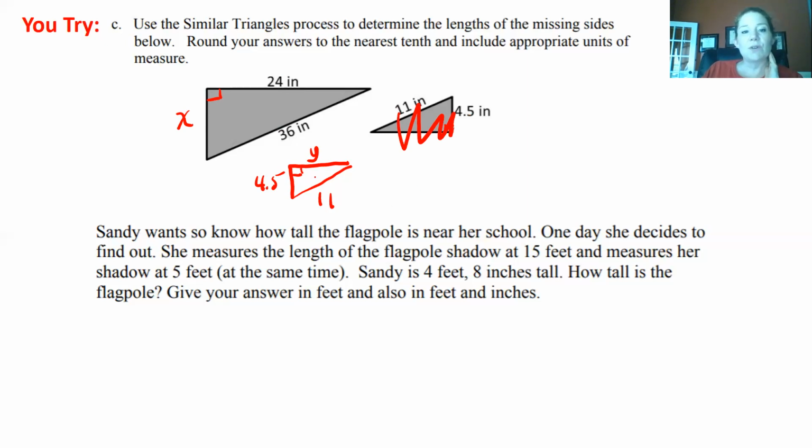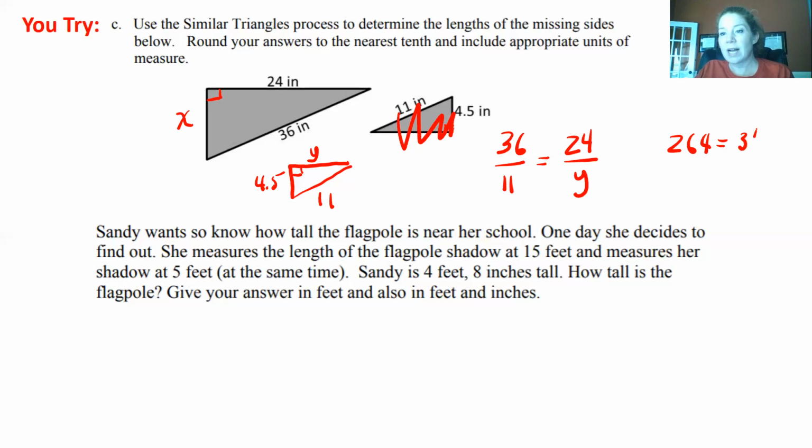The only two sides that correspond where we have both of them are 36 and 11. So 36 goes with 11, and 24 goes with Y. Cross multiply 24 times 11, which is 264. 264 equals 36Y, so we divide 264 by 36 and we get 7 1/3.